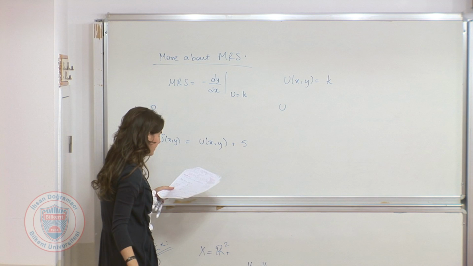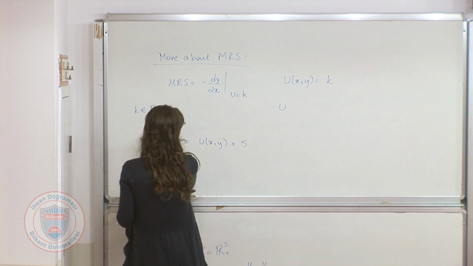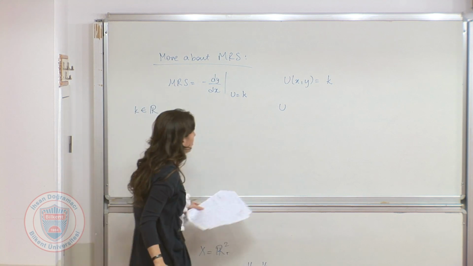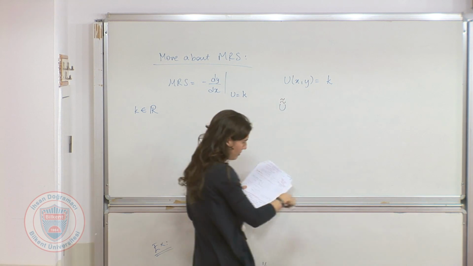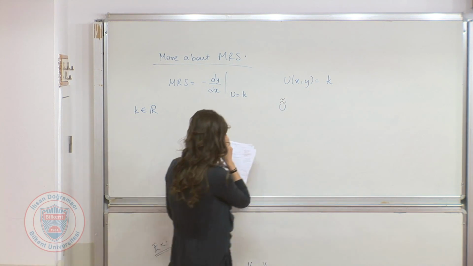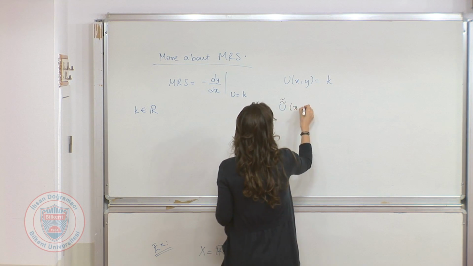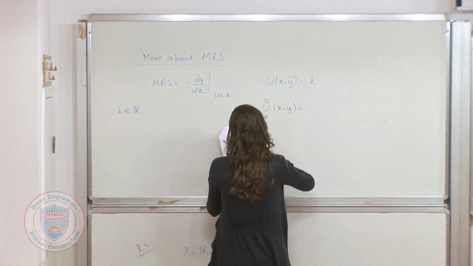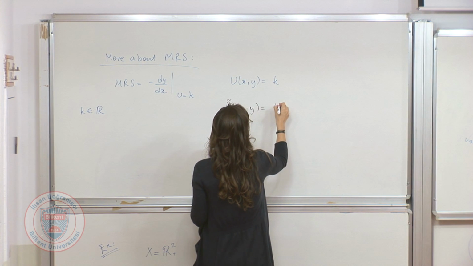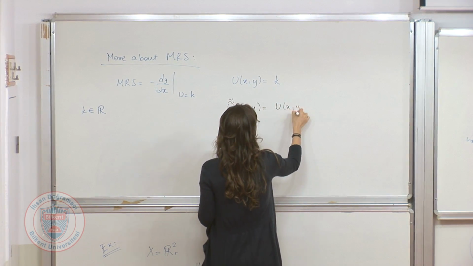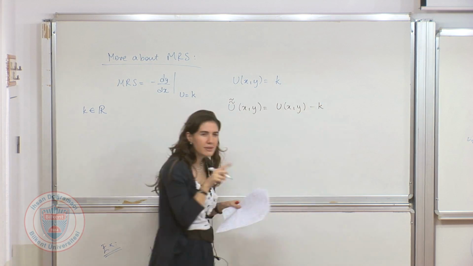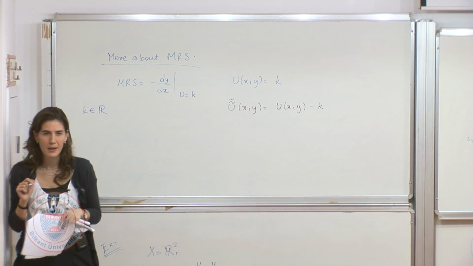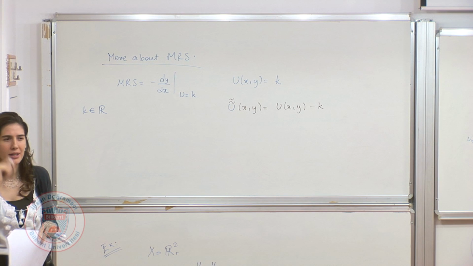So suppose I define it like this. I'm going to call this u double tilde, because somewhere I already called u tilde. Suppose u double tilde of x, y is equal to u of x, y minus k. Do you think this is going to keep the order if I subtract the same number?